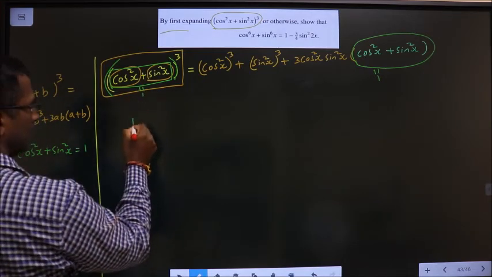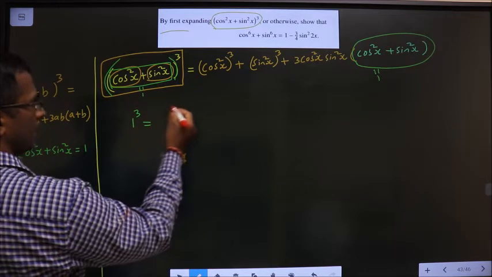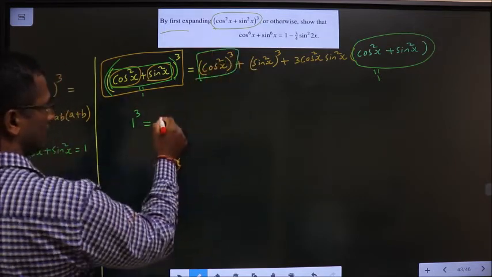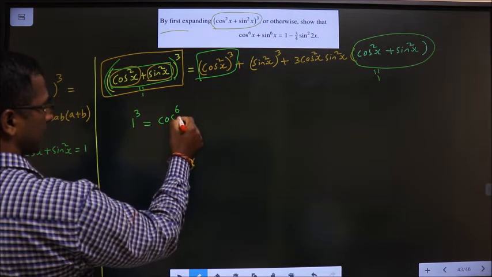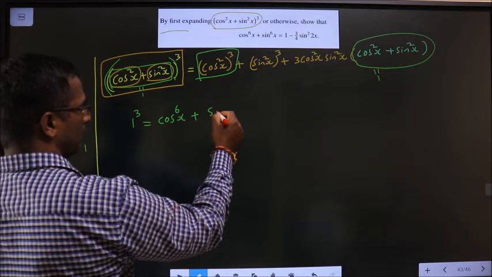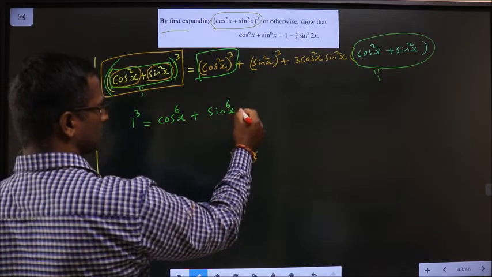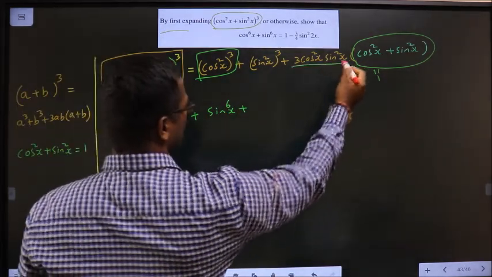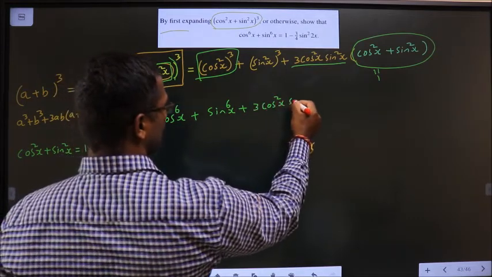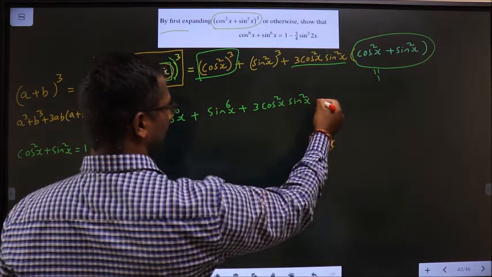Thus it will become 1³ equal to (cos²x)³, which I will make cos⁶x, plus (sin²x)³, which I will make sin⁶x, and to this no change: 3 cos²x sin²x into 1.